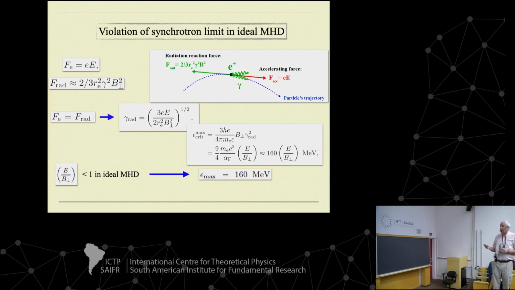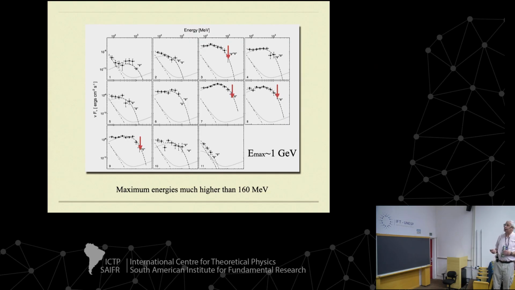Now, remember this number, 160 MeV. What happened with this flare that I show you in the graph? This is the cutoff of the spectrum, the synchrotron spectrum. So you can see that here you have the energy in MeV.